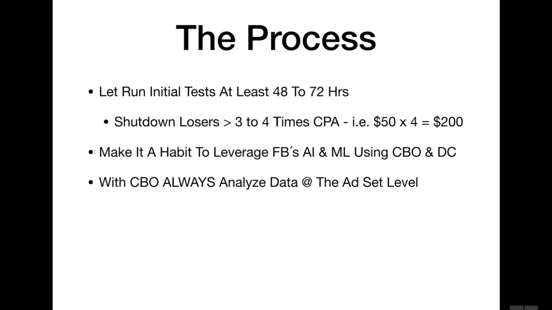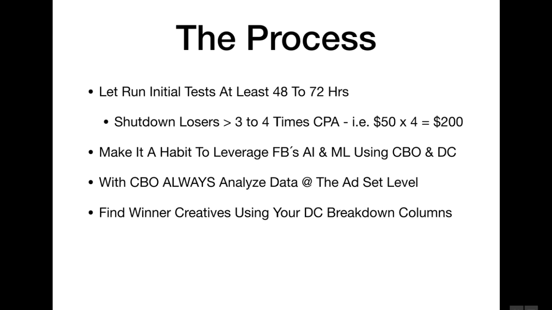And then you're going to see how at the campaign level, when you shut down the other ones, Facebook is only going to allocate the budget to the winners, and your cost per result will go down. So make it a habit to analyze data and base your decisions at the ad set level. Okay. Again, I'm going to go through more detail about the advantages of CBO in a bit.